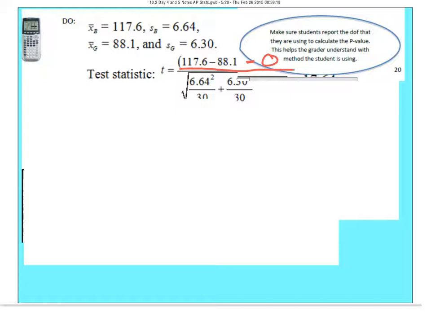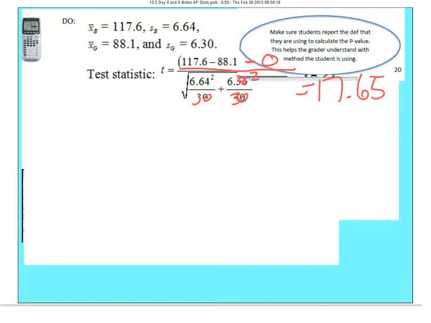And then that's all going to be over our standard error. So this is 6.30 squared, and these are both sample sizes of 30 on the bottom. And that will give us our test statistic in this case, which comes back at 17.65. Probably one of the highest statistics I've ever seen.